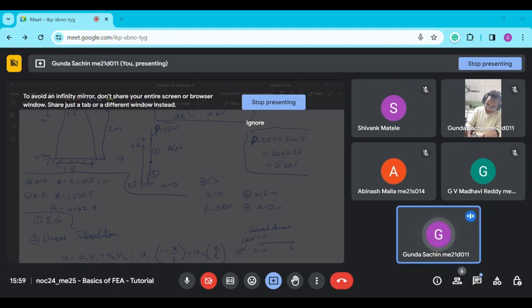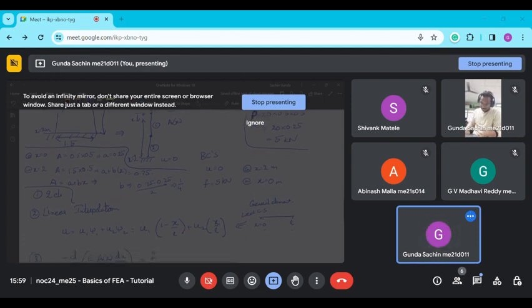Then if you substitute x equals 0, here you will get A as 0.25, and then A plus b times 2 is 1.5 times 0.5, which is 0.75. So b will be (0.75 minus 0.25) by 2, which is 1 by 4.